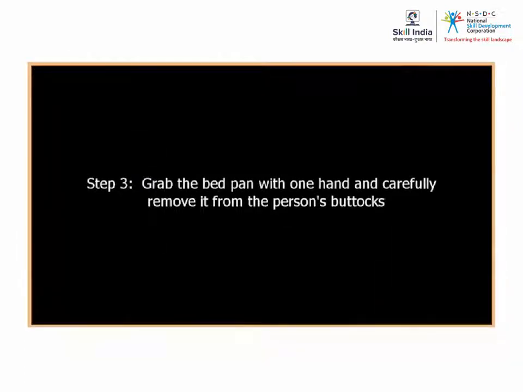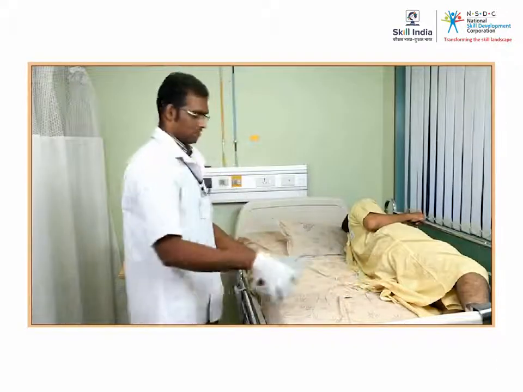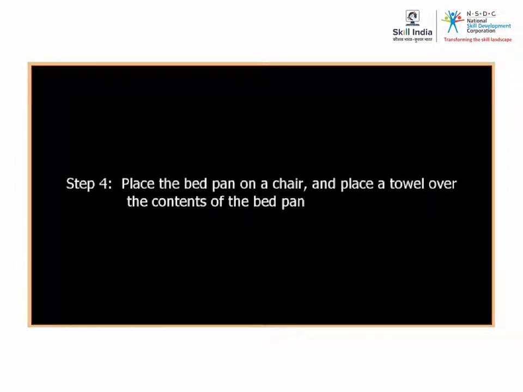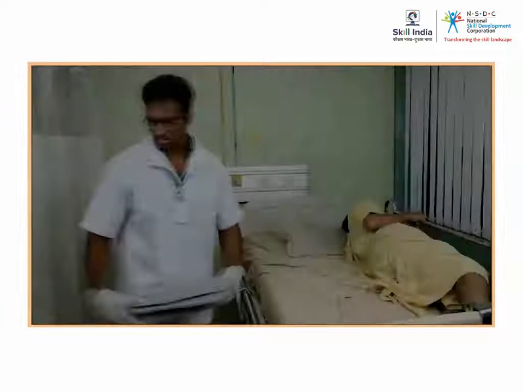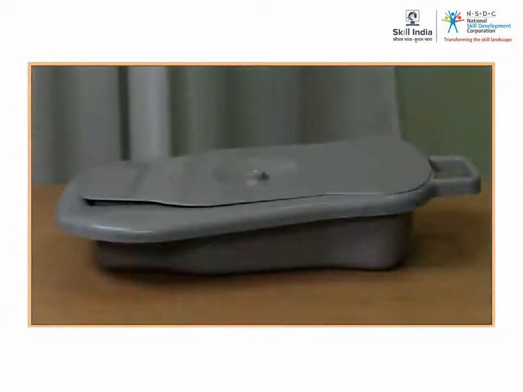Grab the bedpan with one hand and carefully remove it from the person's buttocks. Place the bedpan on a chair and place a towel over the contents of the bedpan. Never place the bedpan on a side table or a bed table.